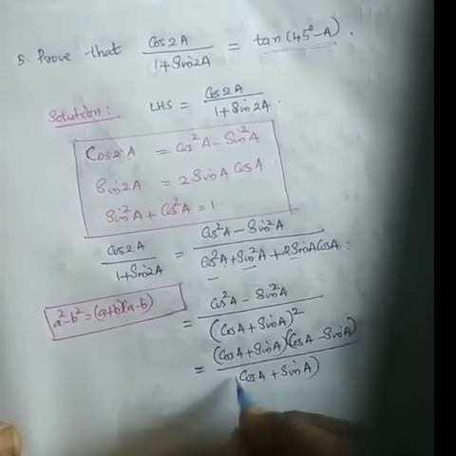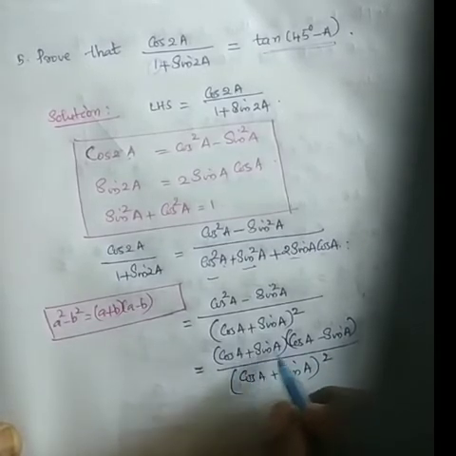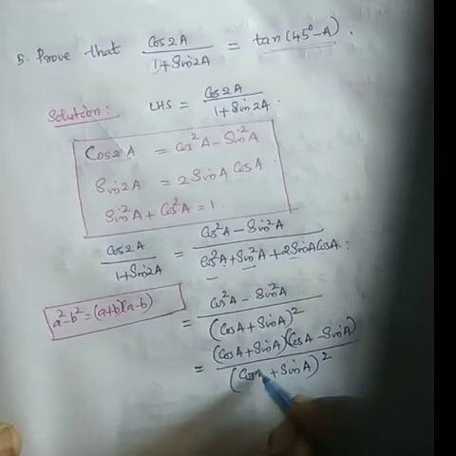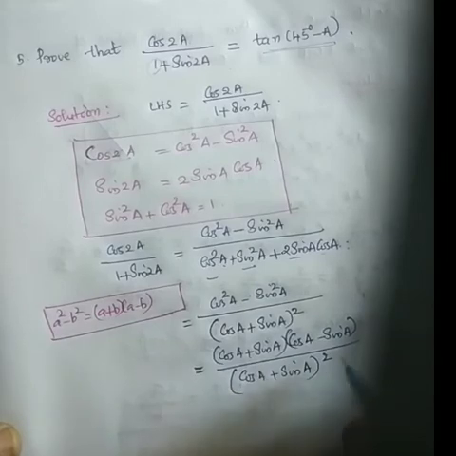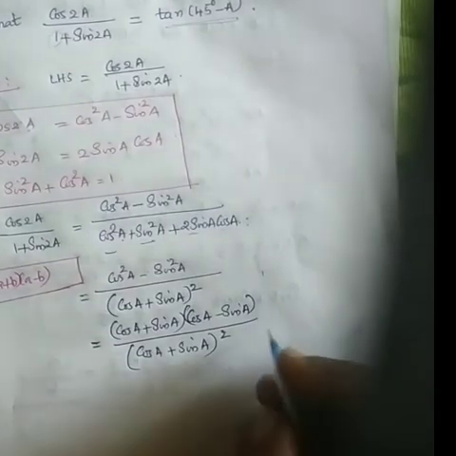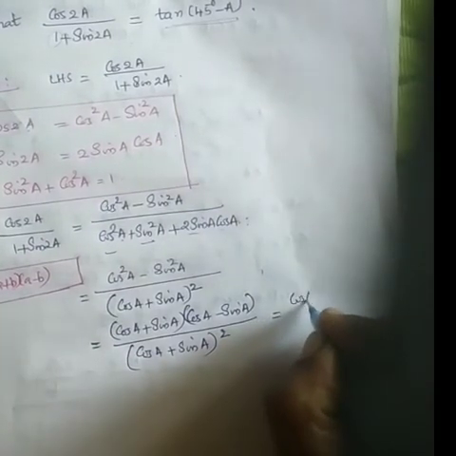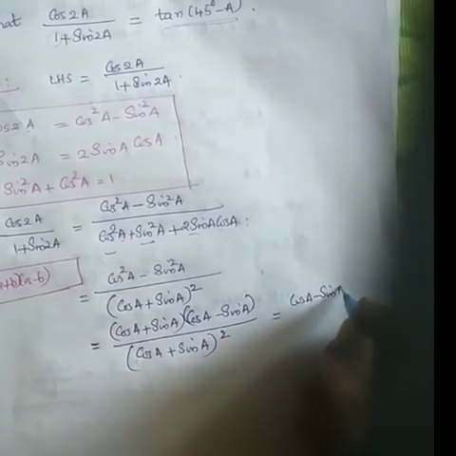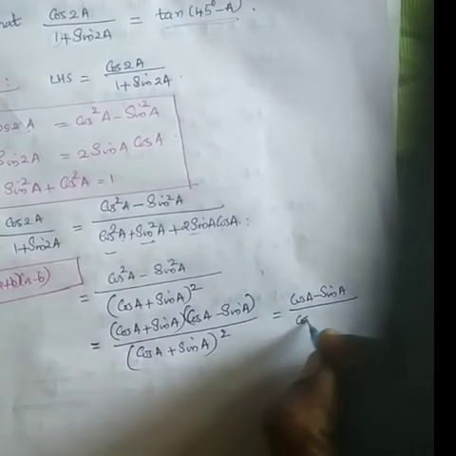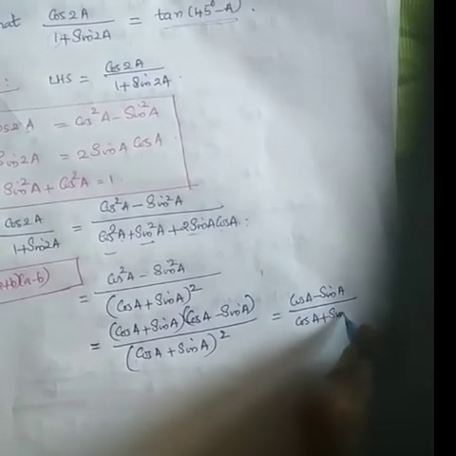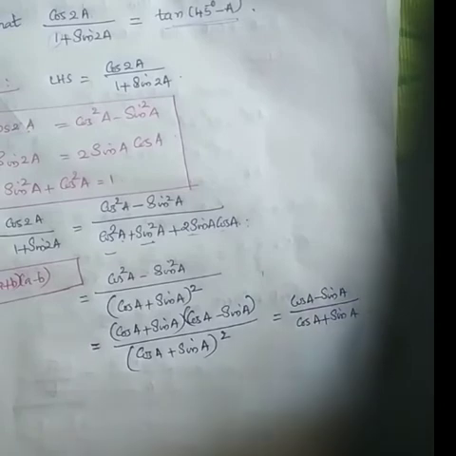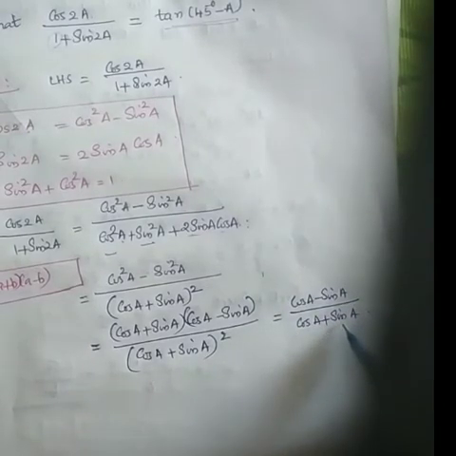One cos a plus sin a and one cos a plus sin a get cancelled and the remaining is cos A minus sin A divided by cos A plus sin A. Okay. So we get cos A minus sin A divided by cos A plus sin A.